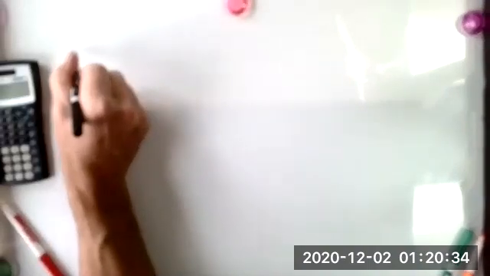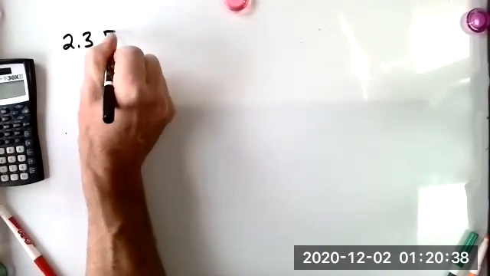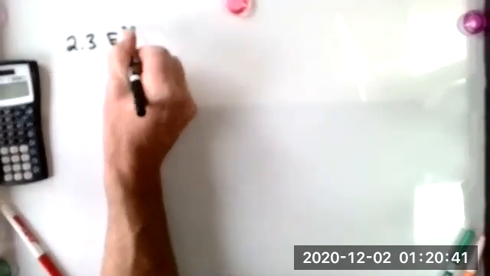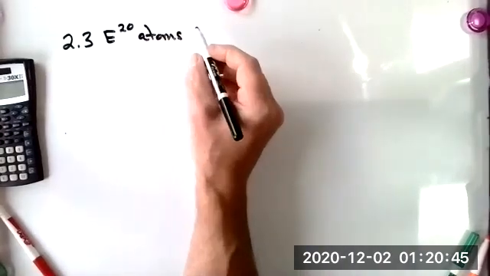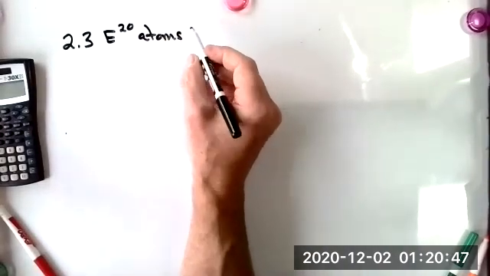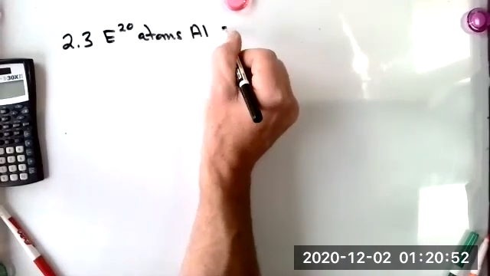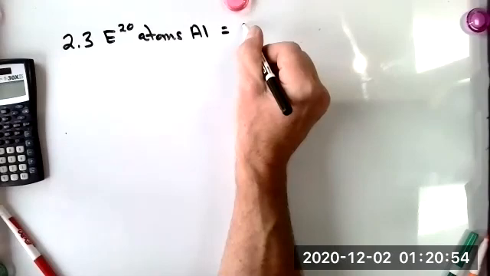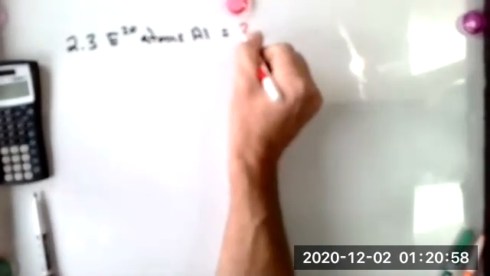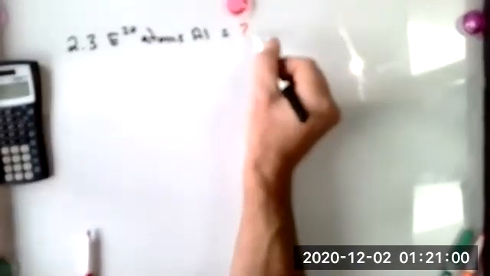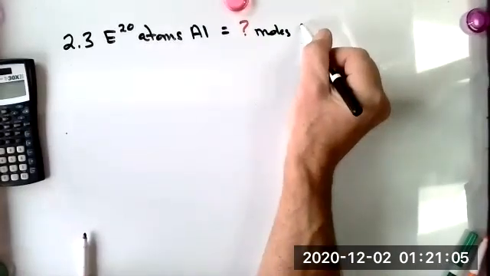Look at this. How about 2.3 e to the 20th? We'll stick with atoms. Let's use aluminum, since you guys know where he is on the table. It would be wonderful to know how many moles, that's of Al.